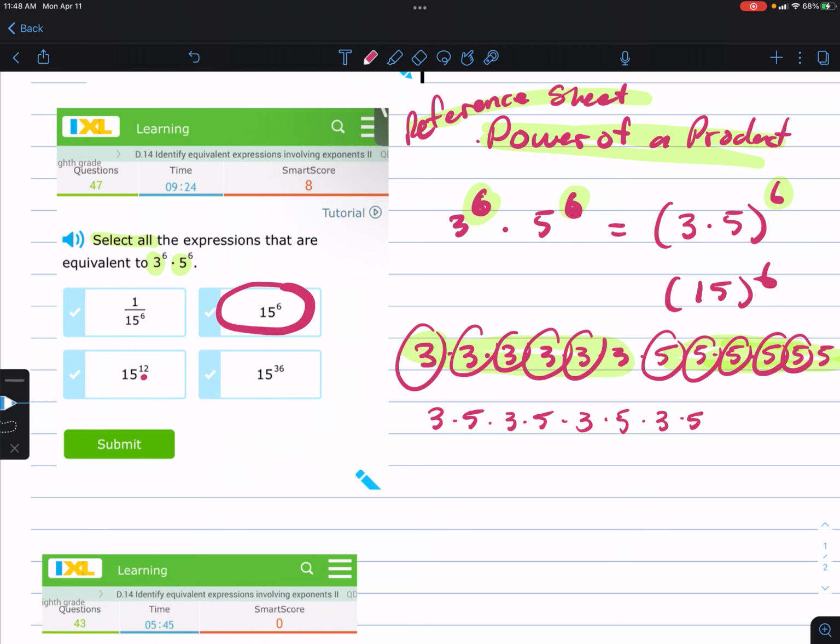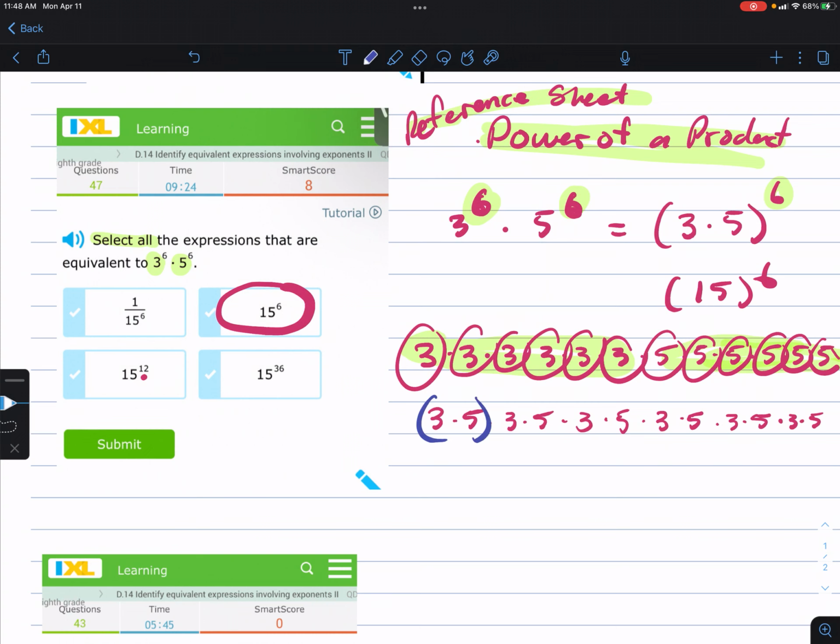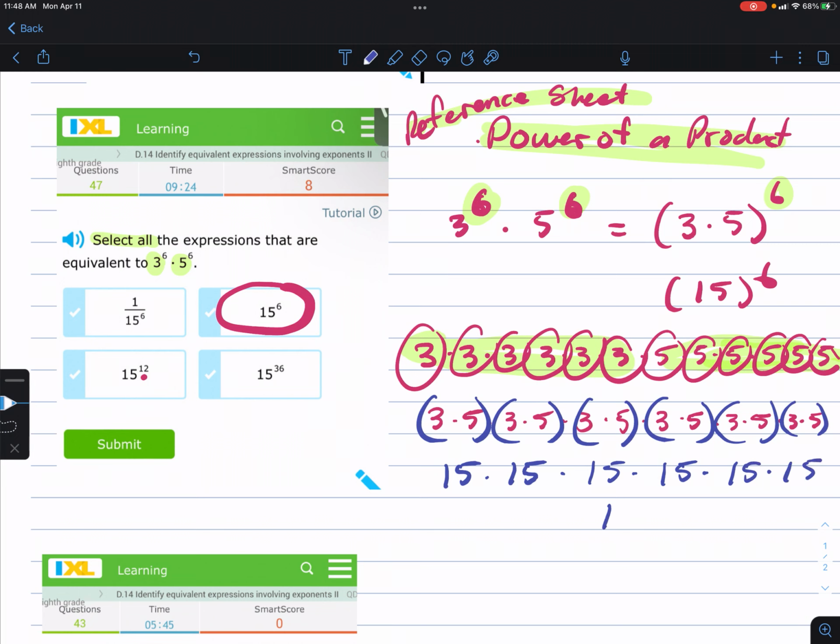Notice that 3 times 5 is 15, so I'm going to have 6 15s here: 15 times 15 times 15 times 15 times 15 times 15. Now I have 15 to the 6th power. It cannot be that one.